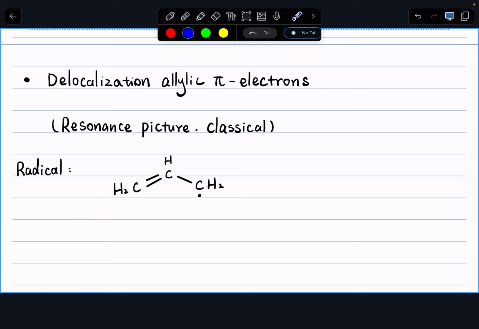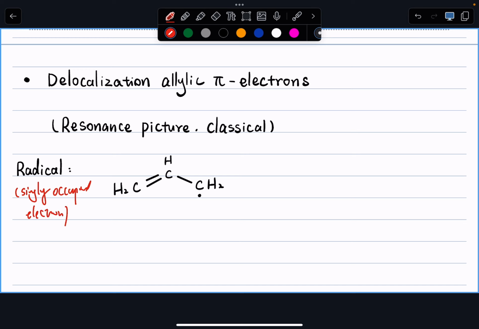All right, getting started. Let's look at the delocalization of the allylic pi electrons. When we say something is allylic and it is a radical, we're saying there's a singly occupied electron. In this case, how can we draw the resonance structure of this allylic radical?